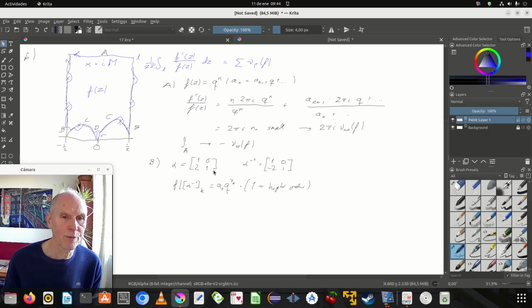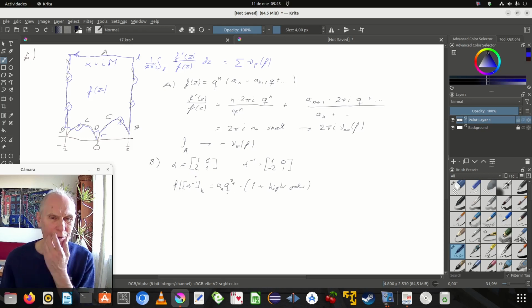This maps this guy to infinity, so we just need to find out how alpha maps -1/2 to infinity. So how does it map the other circle over here?